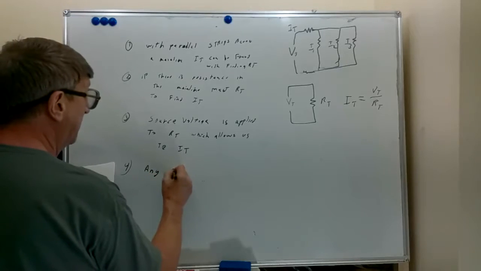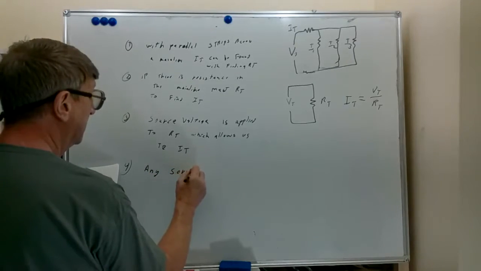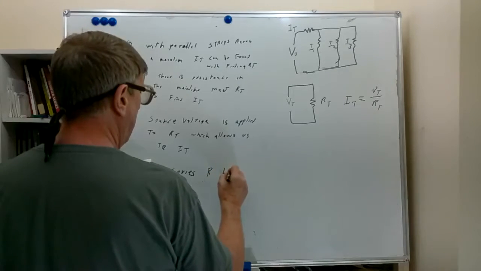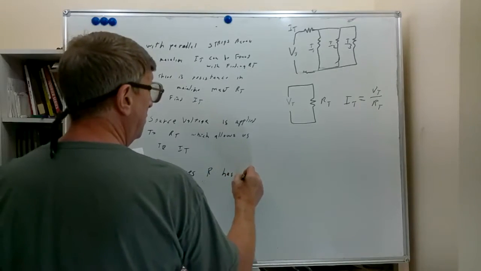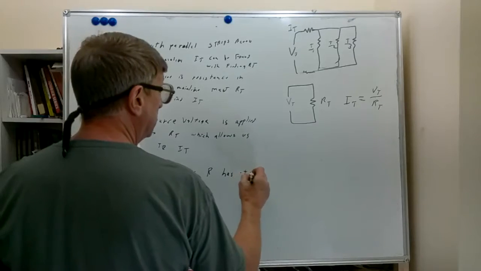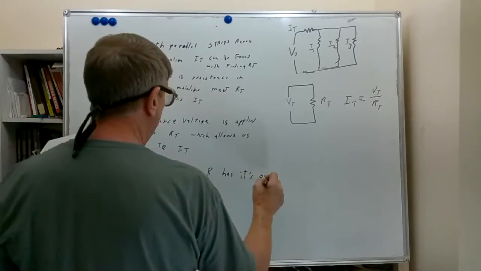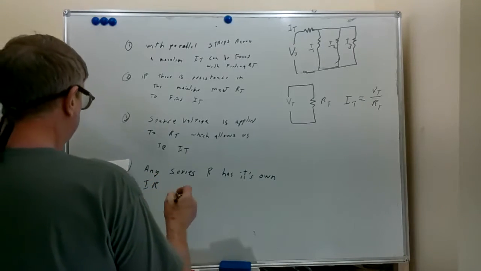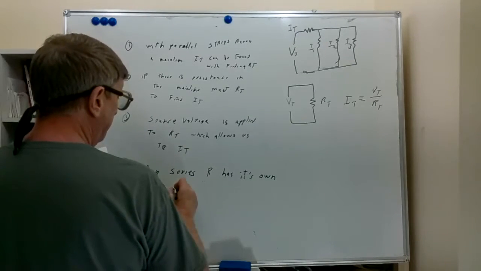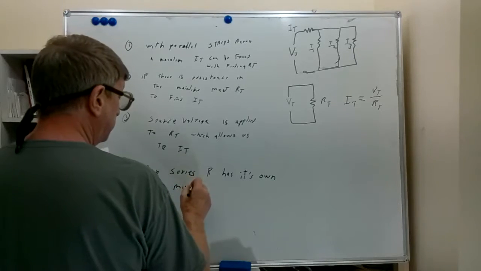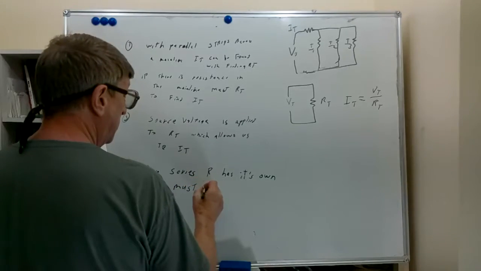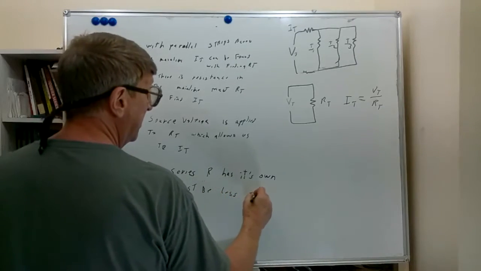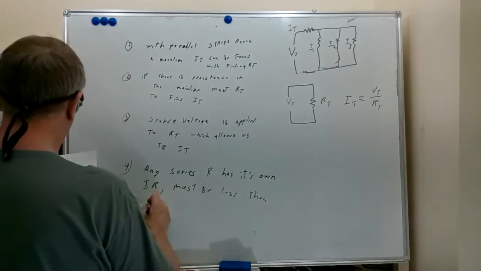Any series R has its own IR drop or voltage drop, which must be less than the voltage applied.